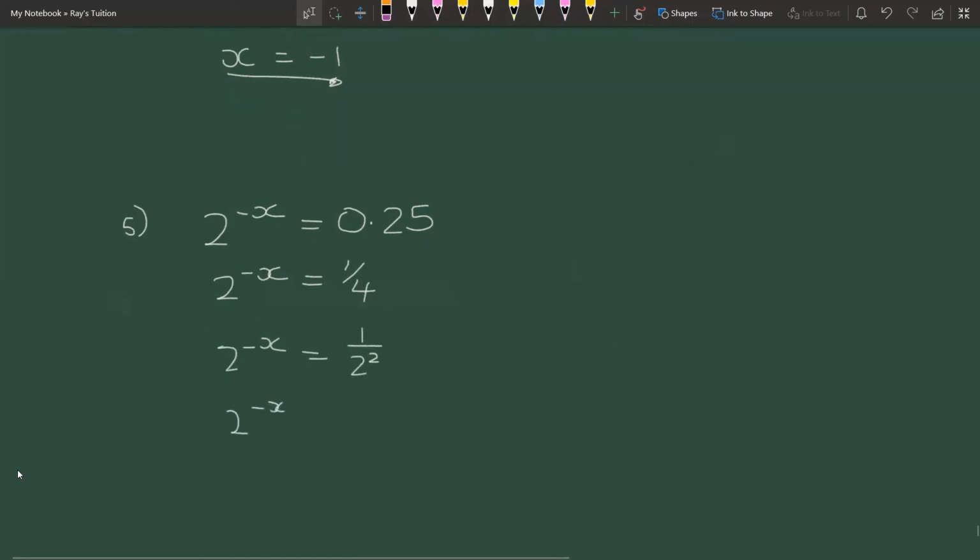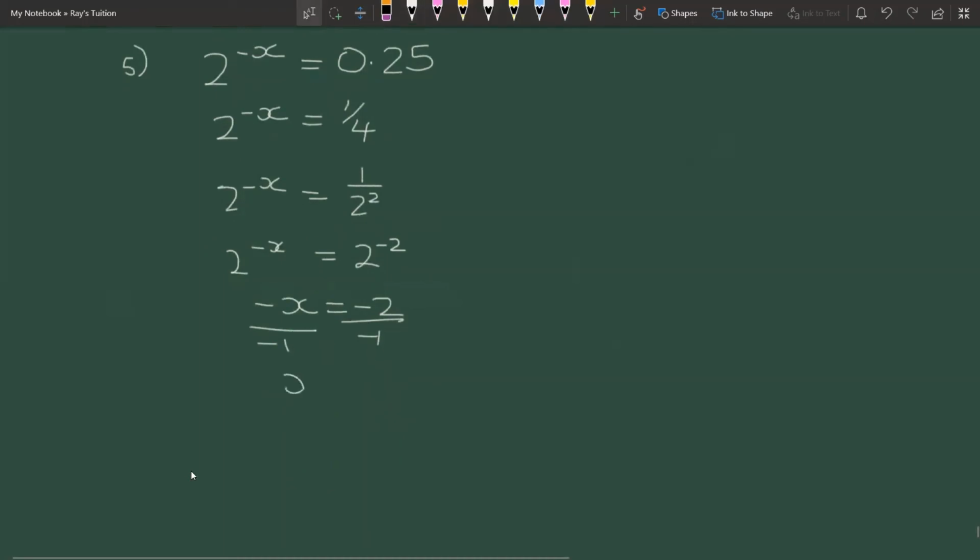Then we take the 2 to the top by changing the sign of the exponent. Now the bases are the same, so we can just work with the exponents and we get minus x is equal to -2. We divide both sides by -1 to get x by itself, and we get that x is equal to 2.